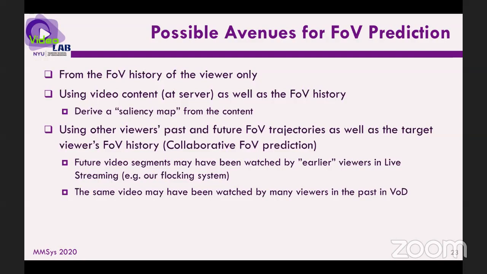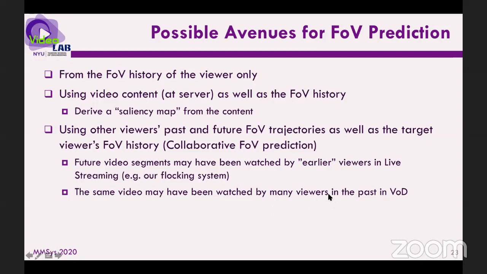We have seen this when I talked about collaborative FOV prediction in our proposed flocking system, where the future video segments may have been watched by earlier viewers in live streaming. Now, for video on demand applications, the same video often has been watched by many other viewers in the past.